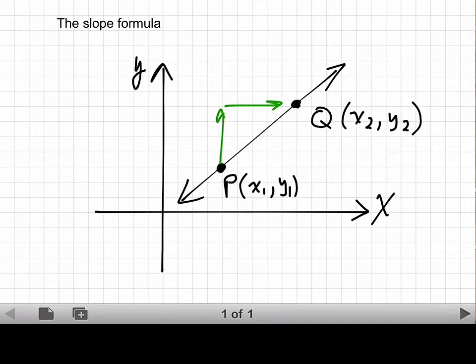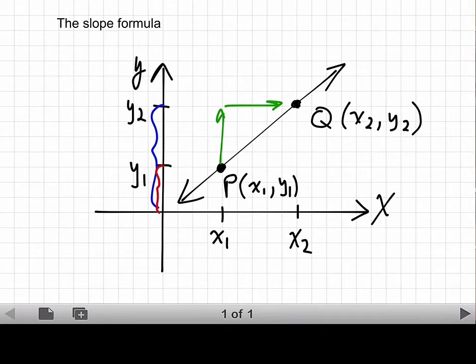Using the coordinates, the x-coordinate for P is x1, the x-coordinate for Q is x2, and the y-coordinates are y1 and y2 respectively.